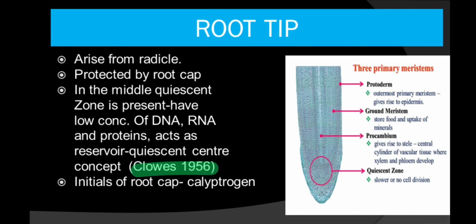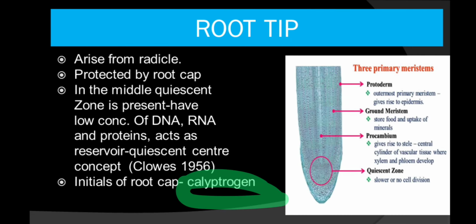At the initial of the root cap, you will see a layer of cells known as the calyptrogen. This calyptrogen layer gives rise to the root cap. On the tip of the root you will see a root cap, and this root cap is formed by these cells, known as the calyptrogen.